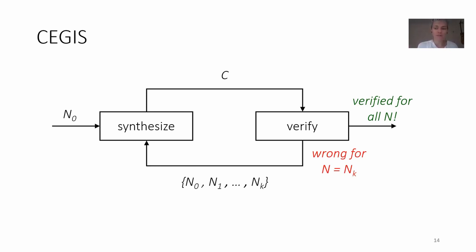Or the verifier might find a counterexample, which we then add to the set of interesting examples, and we ask the synthesizer to pick a control value that works for all of the examples that we have encountered, and so on. We iterate through this process until we find a program that works for all n.